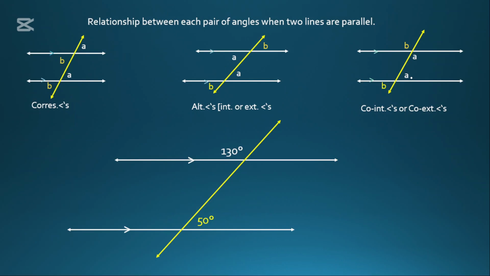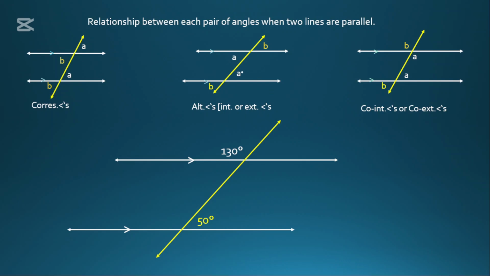Now we are going to look at the relationship between each pair of angles when two lines are parallel. Now remember, they are equal or add up to 180 degrees. That is the relationship. Okay, now we already know, same position, they are corresponding angles.